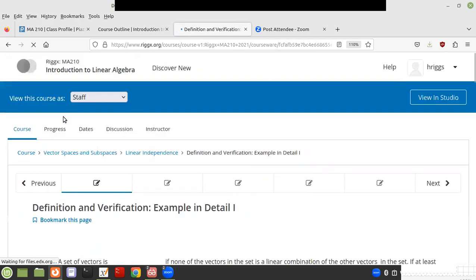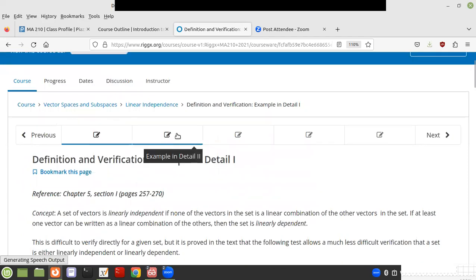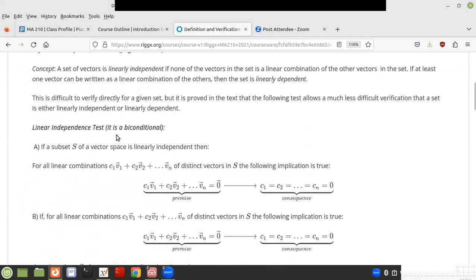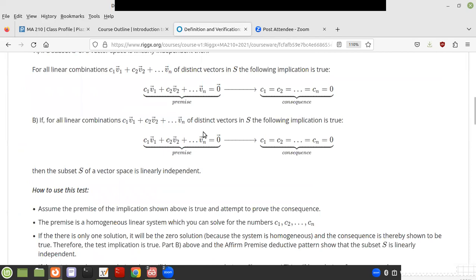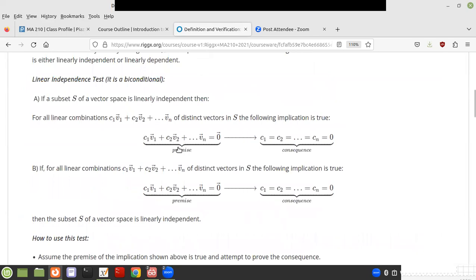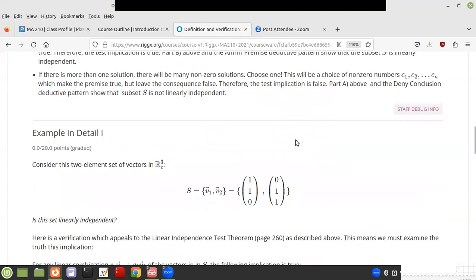The question is, like for example here, there's all these examples. It would probably be something that has to do with the linear independence test, right? Your premise is you're supposing the linear combination of vectors, which implies this consequence.